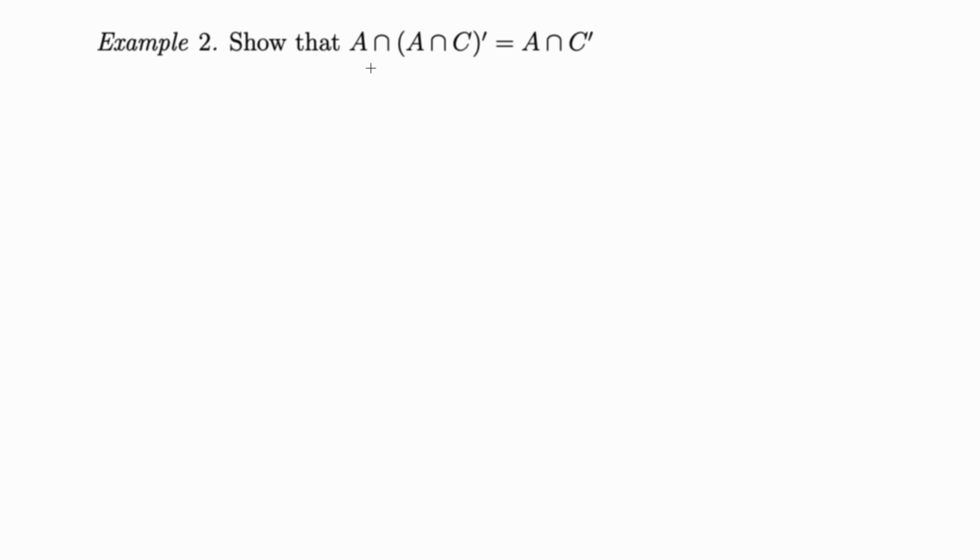So what we could do is start with the left-hand side using De Morgan's law. De Morgan's law is basically: A union B complement is equal to A complement intersection B complement.